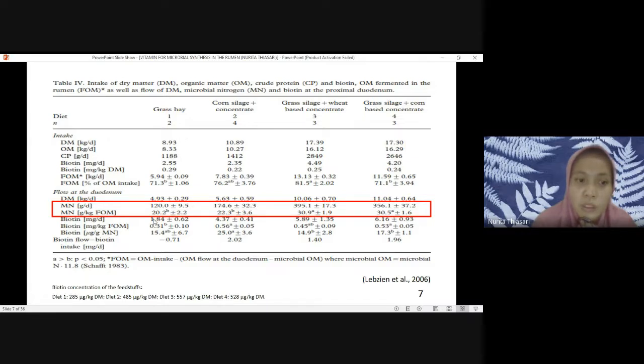And not only the microbial protein synthesis, because the microbial protein synthesis is needed for the ruminant to fulfill the protein requirement, we have to provide the balance of the energy, protein, vitamins to see the result, like the performance of the animal related with the protein accumulation. Could you understand me? I'm sorry, my English is not really good.